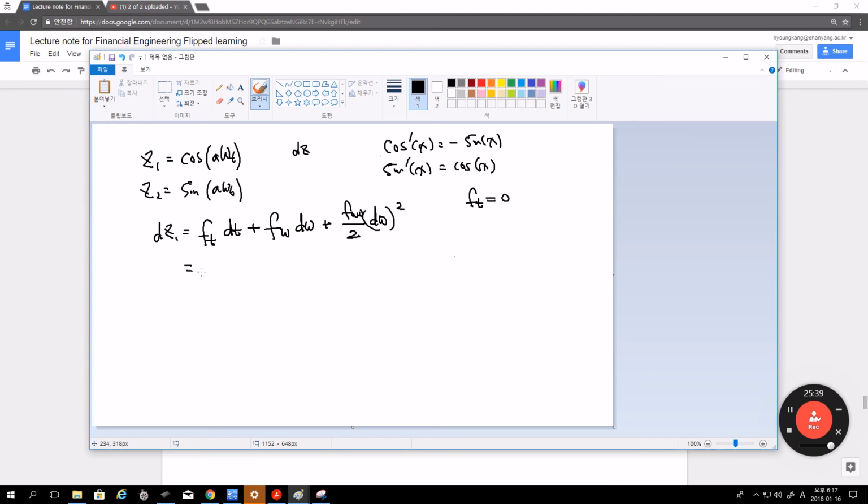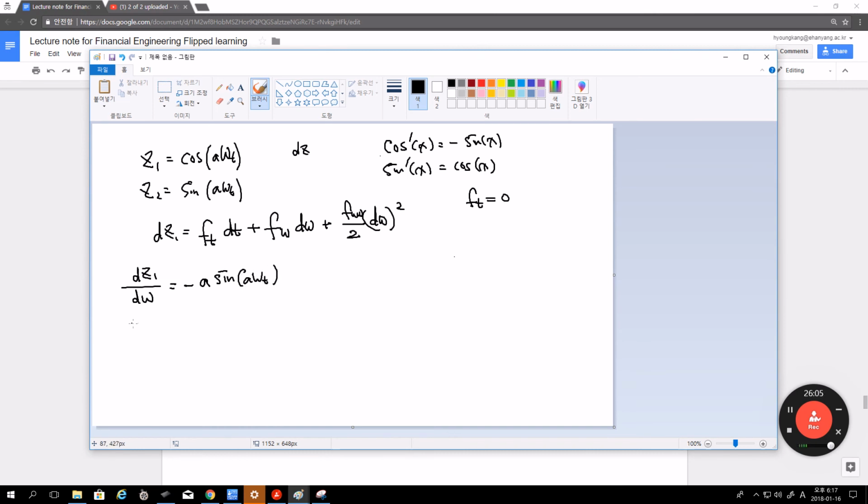So what we have to calculate is, first, take the derivative of z1 with respect to w. Then it is cosine, so because of a, we have minus a sine a wt.